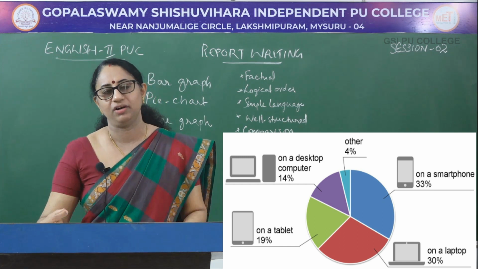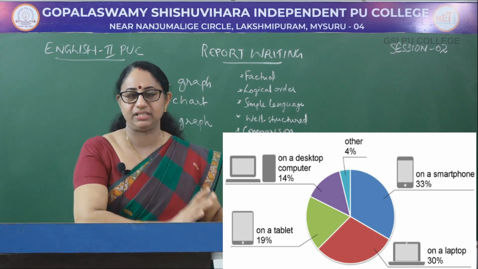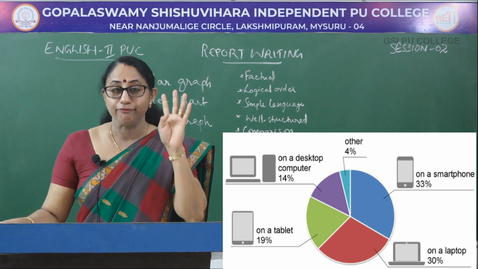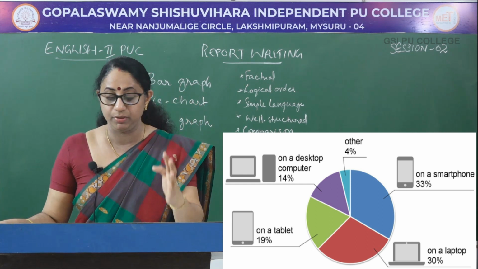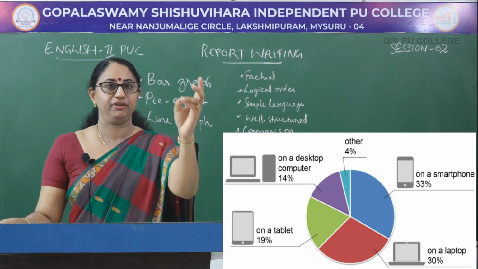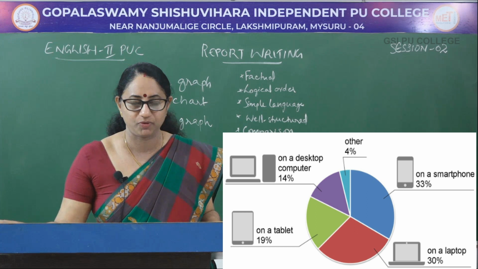This was recorded, and the findings of the survey is represented on a pie chart. So there are mainly 4 devices that the people preferred. Some preferred computer desktops, some preferred tablets, some preferred smartphones, and some preferred laptops.